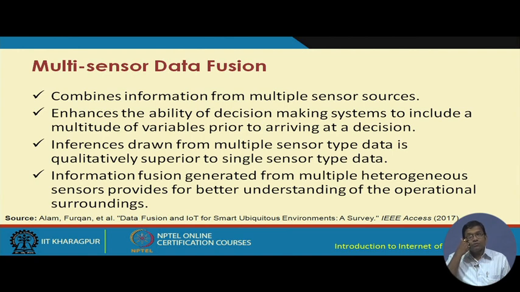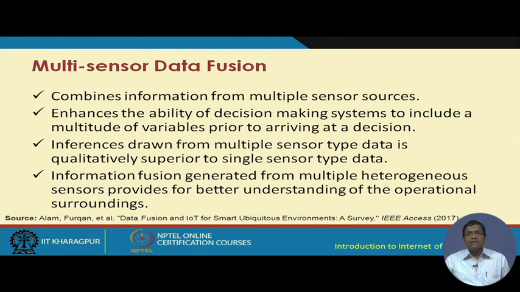So, it is not like clubbing two data together alone, but you consider the different issues and the different variables that are affecting these systems, and taking all of these into account, not just the sensor data, you arrive at a decision and make that decision, or maybe the different options, available to the users. So, data fusion basically will help you in doing this.